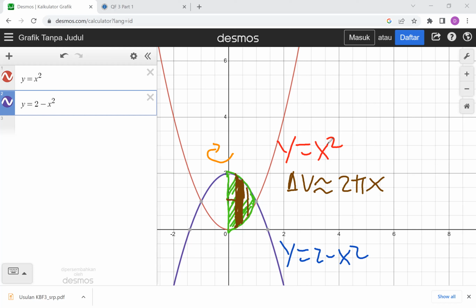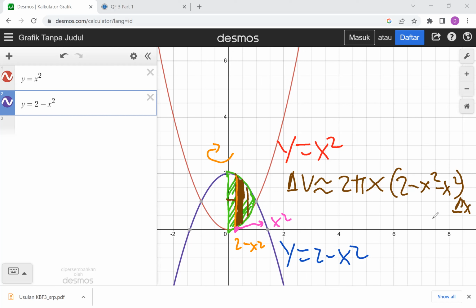Because up to this point, the orange here, the height is 2 minus x squared. Of course, you have to subtract this small piece, which is x squared. So 2 minus x squared minus x squared. And then the thickness, as always, is delta x.